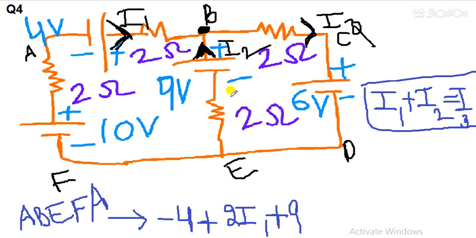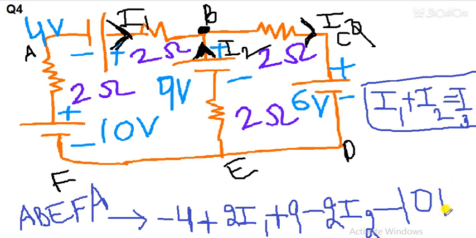Then moving in a direction opposite to the current, we get minus 2I2. Then moving from E to F, minus 10 will be there, because we are moving from the negative to the positive terminal. Now moving in the direction of I1, so plus 2I1 again. So this is the equation of the closed path, and 2I1 will be here.